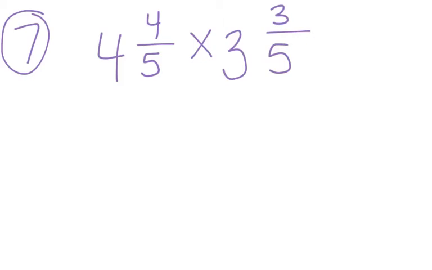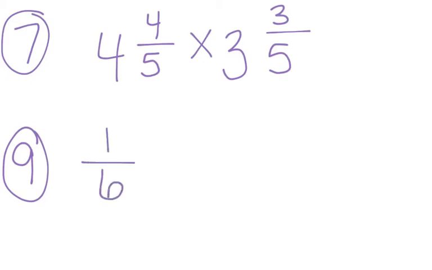And remember, you're dealing with ounces. Always remember your labels. The last one we'll look at together is number 9. A large container of lemon juice used 2/4 of a bag of lemons. If a small container used 1/6 of the amount of the large container, how many bags does a small container use? So, a small container uses 1/6 of the large container.